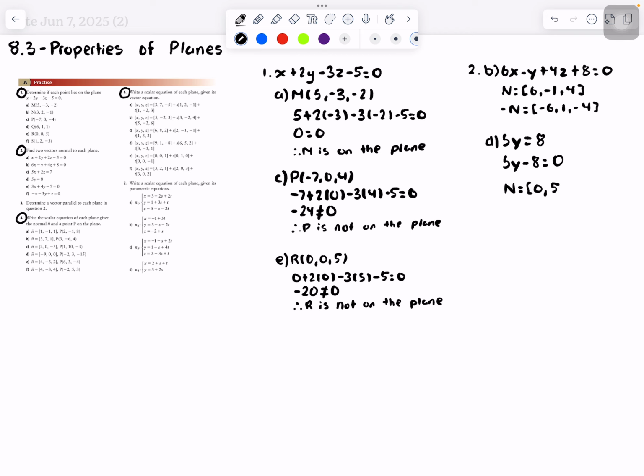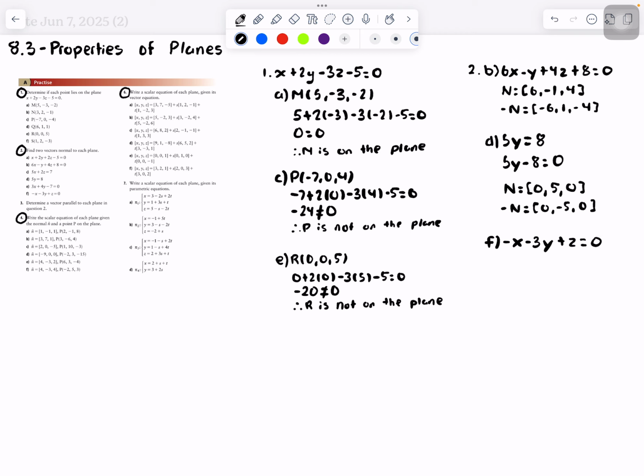There's a 5 in front of the y. There is no z, so 0. And then negative n would be 0, negative 5, 0. Perfect.